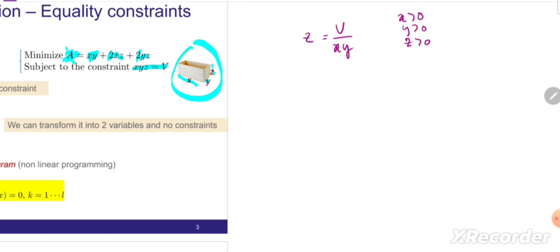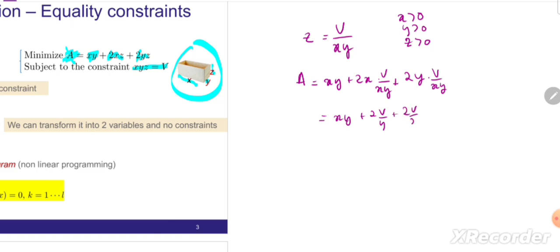Then if I use this, my total area A is going to be xy plus 2x times V over xy plus 2y times V over xy, which is rewritten as xy plus 2V over y plus 2V over x.